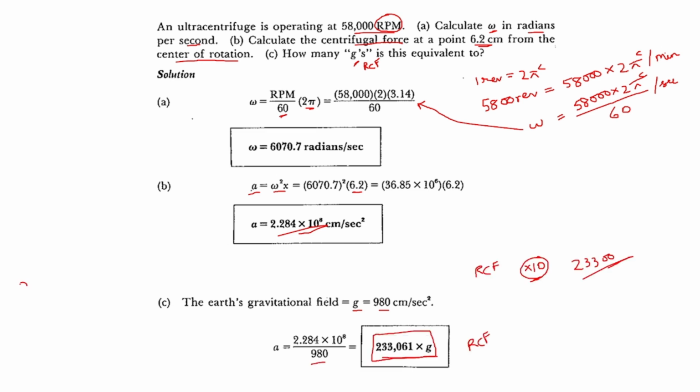So 980 centimeters per second square corresponds to 1 G. So this 2.284 into 10 to the power 8 divided by 980 gives you how many G's.